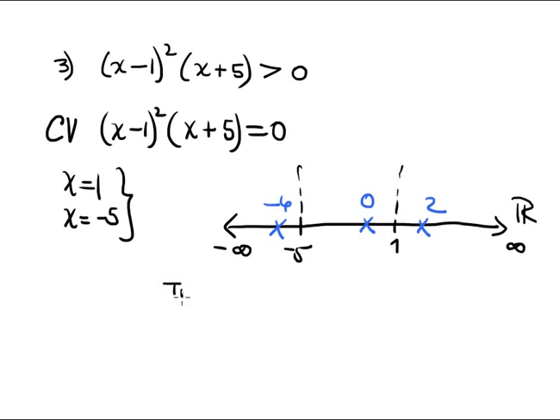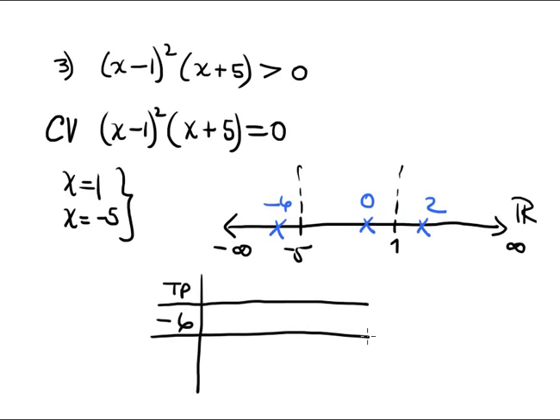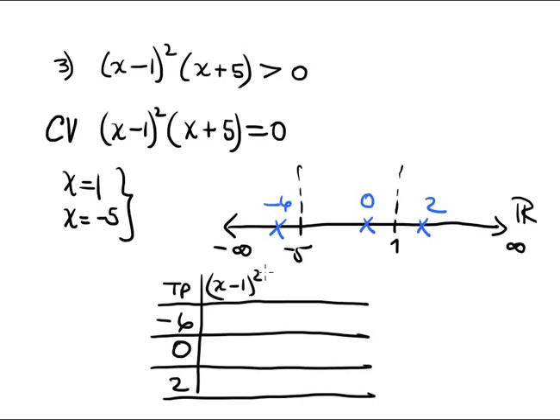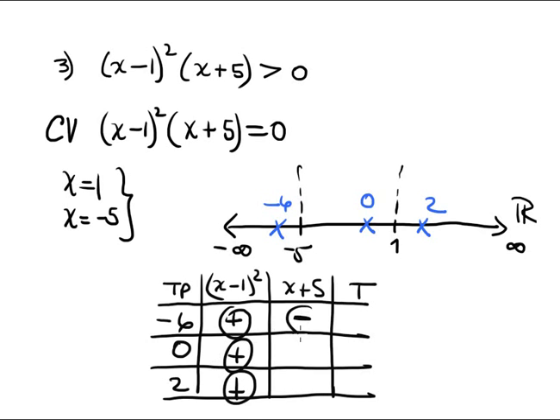The chart is testing point, negative 6, 0, and 2. The factors are x minus 1 squared, x plus 5, and total. This is always positive. Negative 6 here is minus, therefore it's minus. 0 here is plus, then it's plus, and 2 is plus, then it's plus.